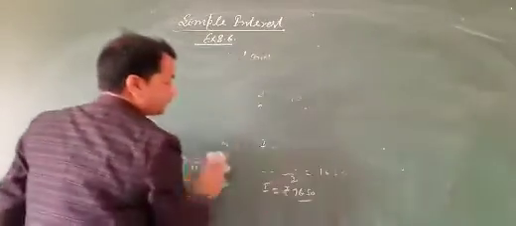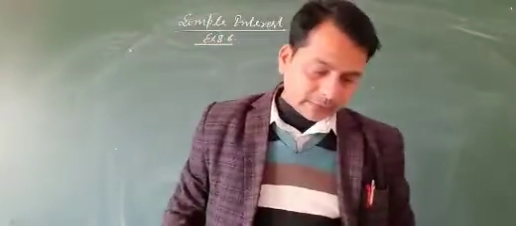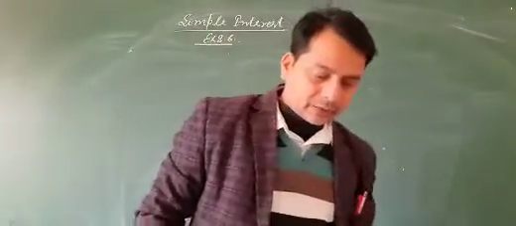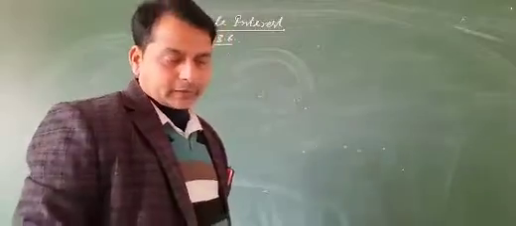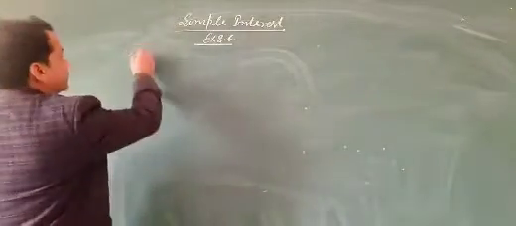Question number 3rd is find the interest on 800 for 146 days at a rate of interest of 5% per annum. So it is clear that find the interest on 800. Question number 3.